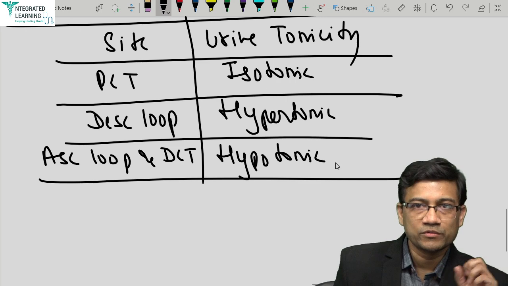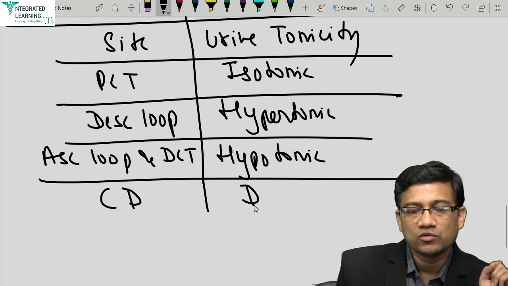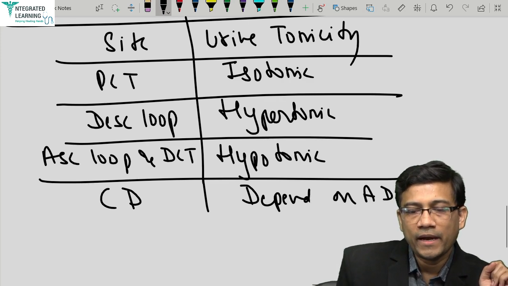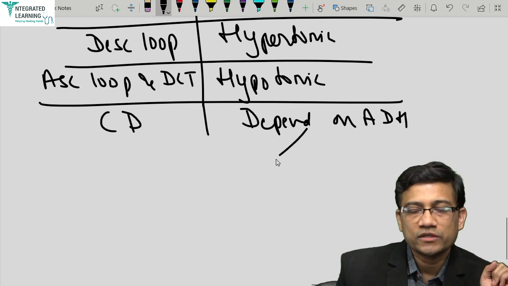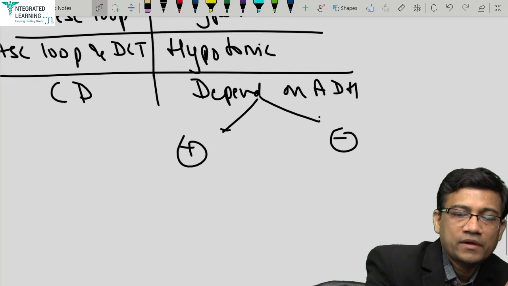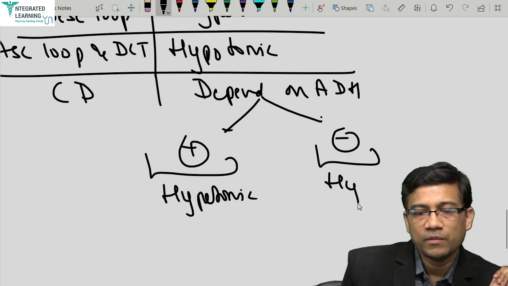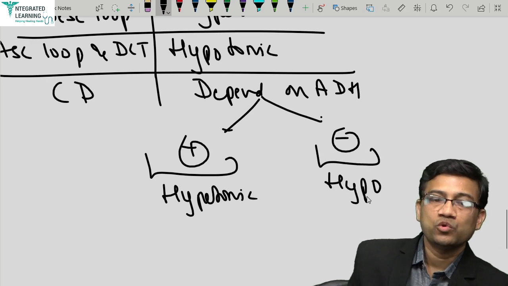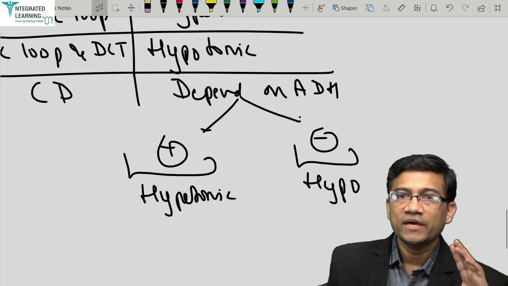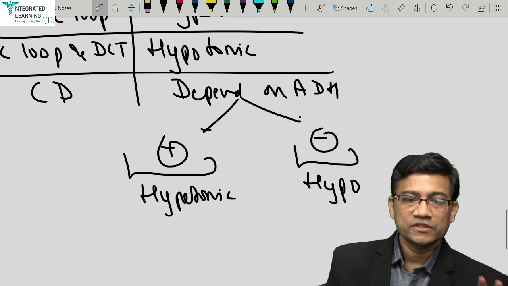Because of salt absorption. And CD, the answer is tricky. It depends on ADH. Two versions are possible, available, not available. If available, hypertonic. If not available, hypo. So in simple language, who decides whether urine will be hyper or hypo? ADH will decide. Is it clear? So with this we'll finish this topic.